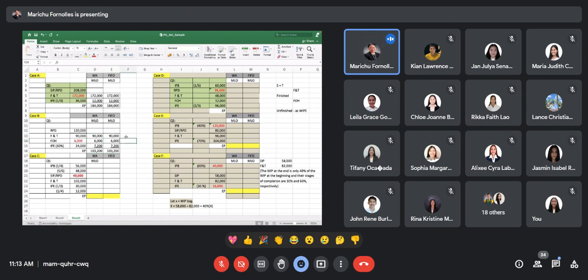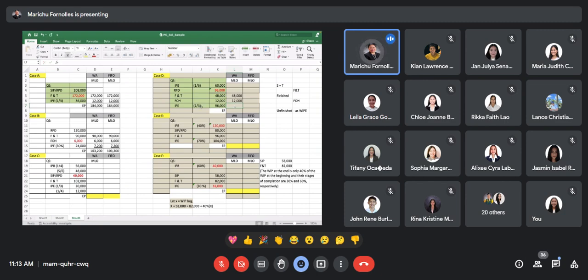For case D, to get the EP under weighted average, we will multiply the finished units of 48,000 by 100%. We will also multiply the FOH of 12,000 by 100%. Add your EP in IPE.